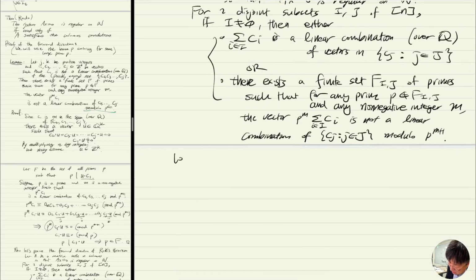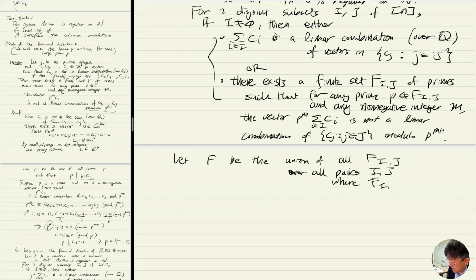Now let F be the union of all F_IJ over all pairs I, J where F_IJ is defined.